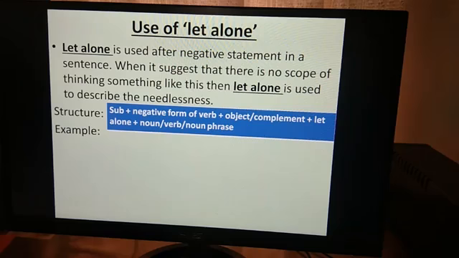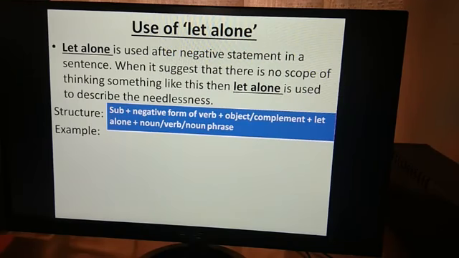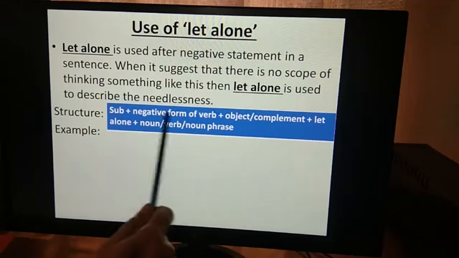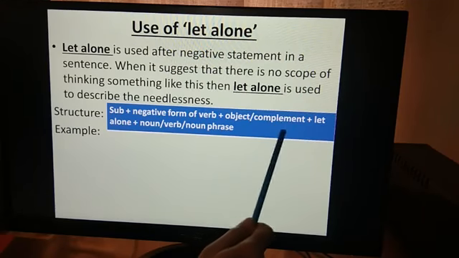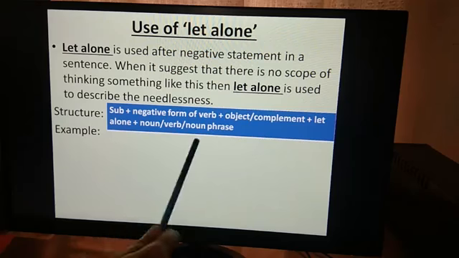So let alone follows the negative statement. Subject plus negative form of verb plus object and or complement. After that comes let alone. Before let alone, this should be there: subject, negative form of verb, object or complement, then comes let alone, then again a noun, verb, or noun phrase, anyone there can be.